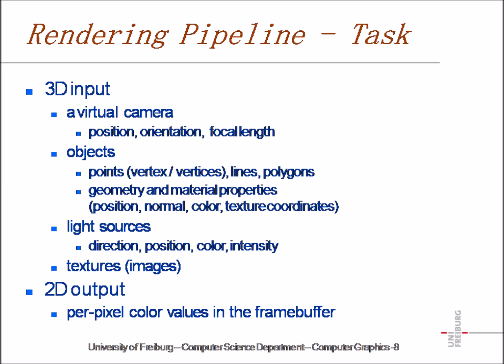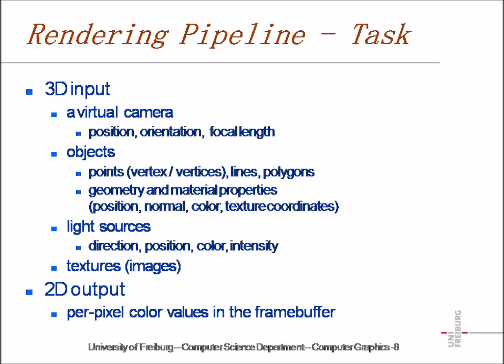The concept of light on the object is discussed in detail in our previous lecture number 5. And the final subtask of 3D input is texture. This has already been discussed in detail in our lecture number 6, part 2.